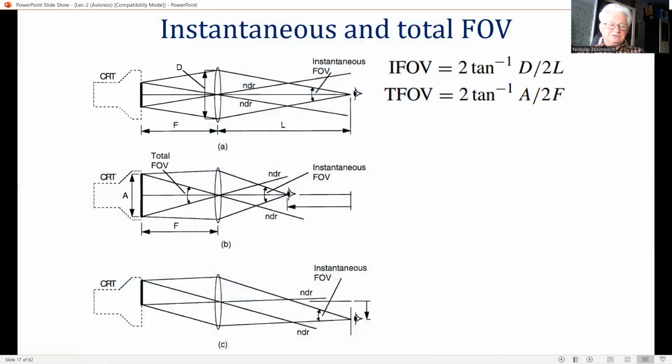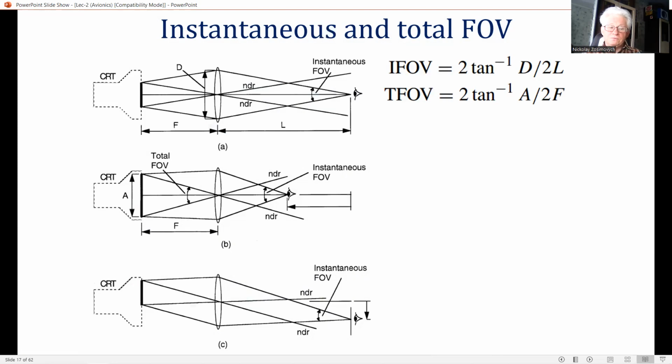The instantaneous field of view is the angular coverage of the imagery which can be seen by the observer at any specific instant, and is shown in the simplified diagram in figure A. It is determined by the diameter of the collimating lens D and the distance L of the observer's eyes from the collimating lens.